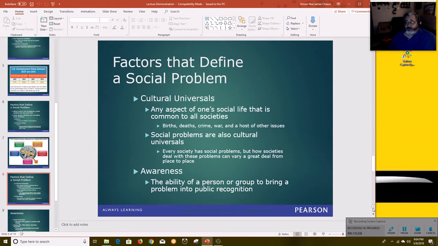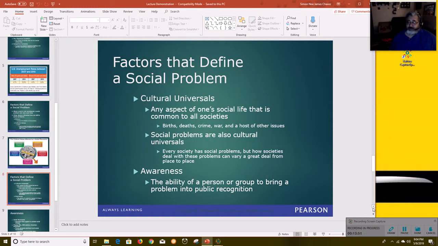They are also culturally universal. Every society has social problems, but how society deals with them varies a great deal from place to place. How we handle unemployment in my region of the United States is handled differently in New York City, a bigger city. Things like that.